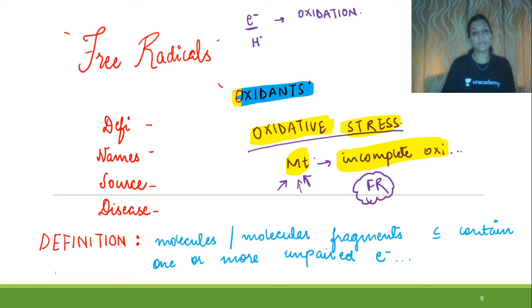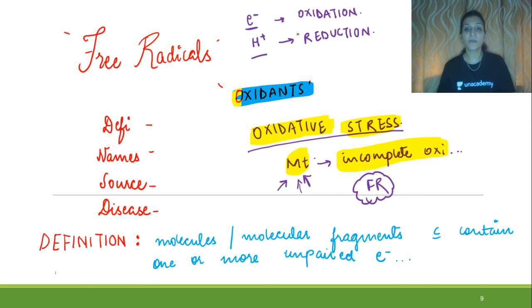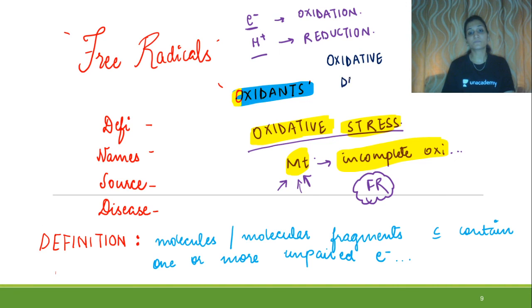Whenever there is a proton, it will lead to reduction. And here there is an extra, unpaired electron, so the process it will lead to is oxidation. That is why the whole thing is also called oxidative damage.